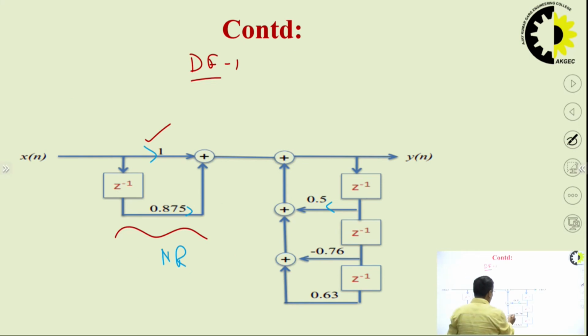So, in this way you can realize your structure. So, this is our recursive part. I hope that you all understand the direct form 1 realization, how you make the structure using the direct form 1 method in an IIR digital filter.